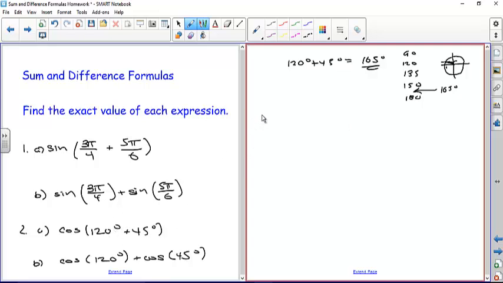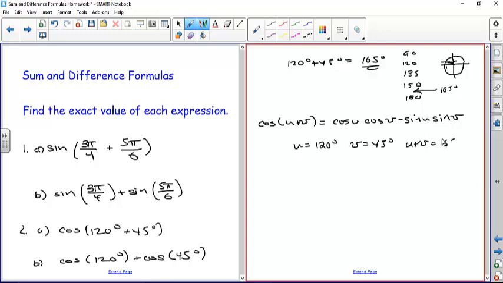So we go to our page and look for the appropriate formula, and we have the cosine of u plus v is equal to the cosine of u cosine of v minus the sine of u times the sine of v.